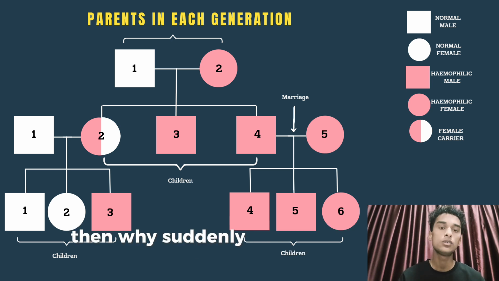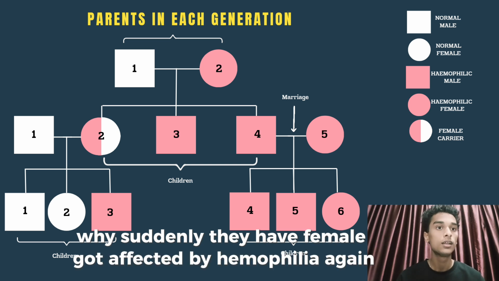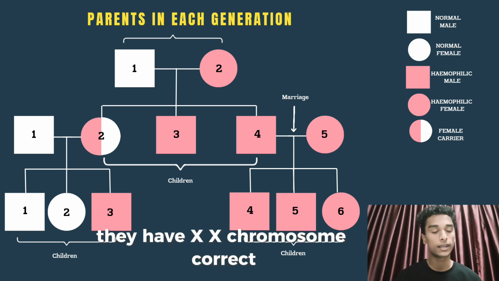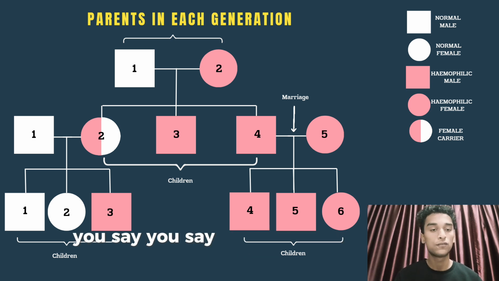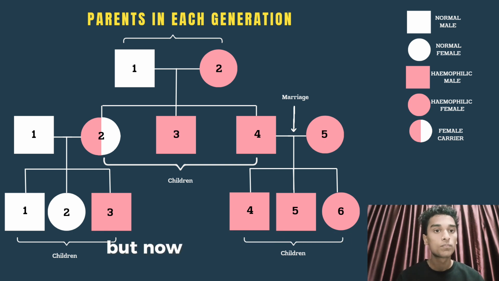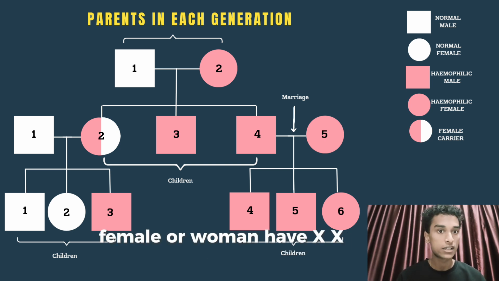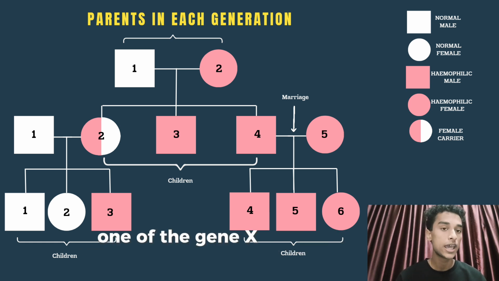Then why, you might be thinking, suddenly does the female get affected by hemophilia? Again, they have XX chromosomes, correct? You say they function as carriers, you say females are more often carriers. Yes, correct. But now, if you see closely, women have XX chromosomes. We assume that one of the X genes has been destroyed.